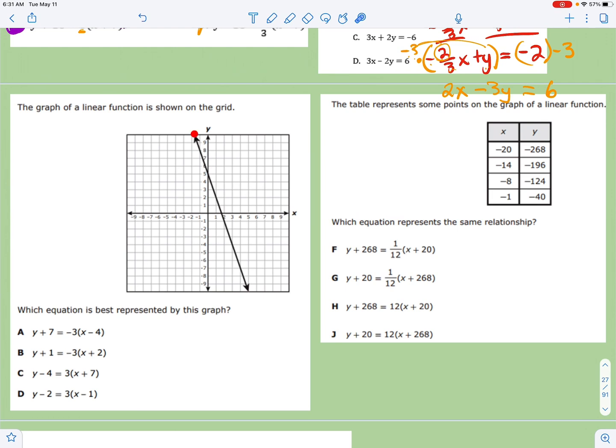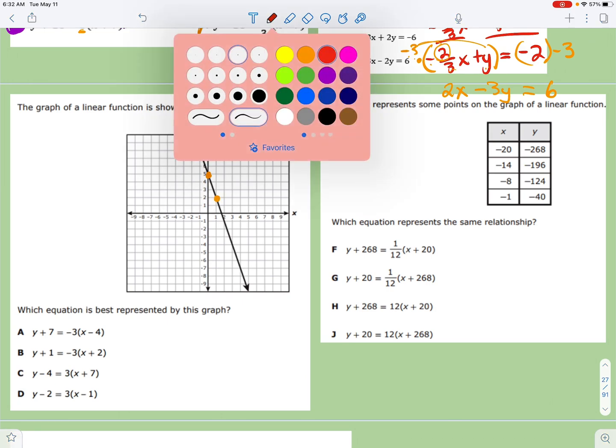That'll be totally fine. But notice how this graph from left to right is decreasing, meaning that the slope has to be negative. So that means C and D we can automatically cancel out, right? So we could not find the slope, but I'm going to do it for the sake of where we're at. Okay.